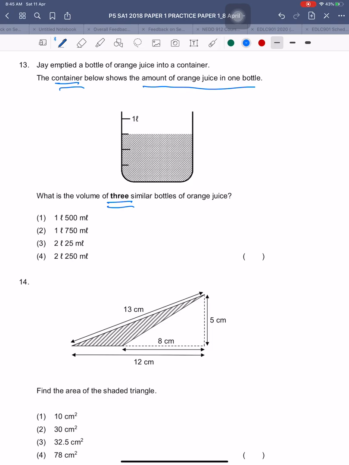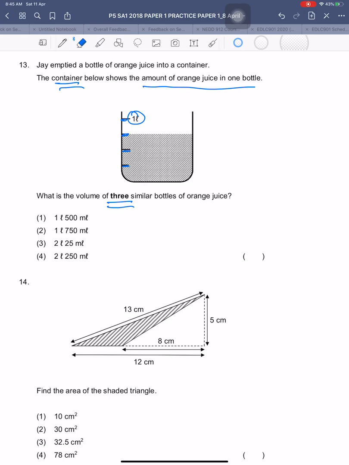If you look at this, the question only tells you that this is 1 liter. The question did not tell you the markings, how much volume each marking represents. So if you see carefully, how many markings do you have here? 1 2 3 4, 4 markings.